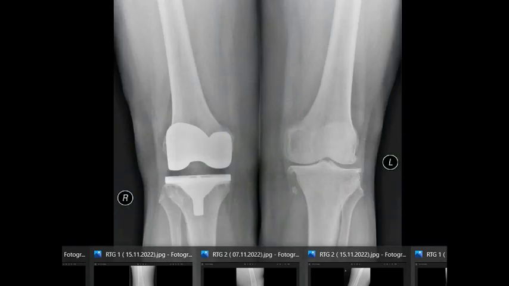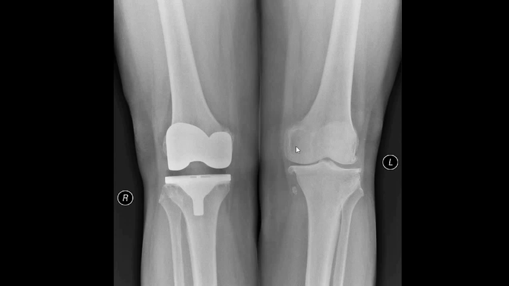And now we will see a picture. This is the same patient, the left leg and the right leg. We see already that the knee prosthesis has three parts: the tibial part, the femur part, and there is also an insert that is basically plastic, inserted between them.